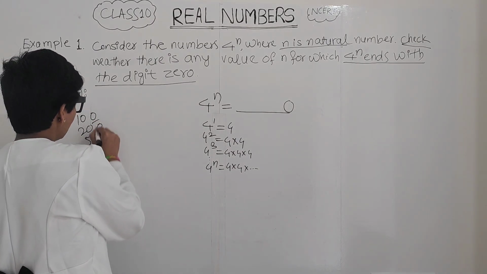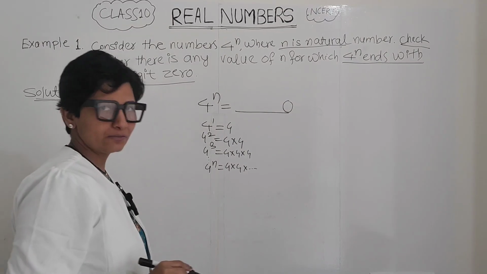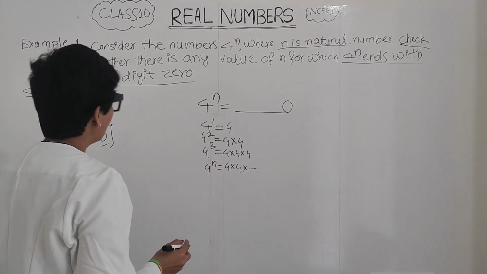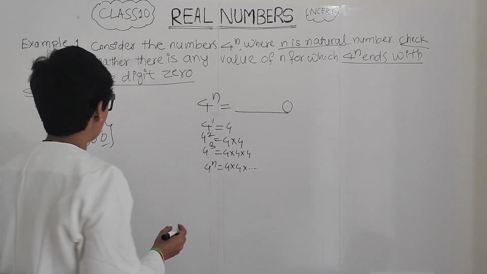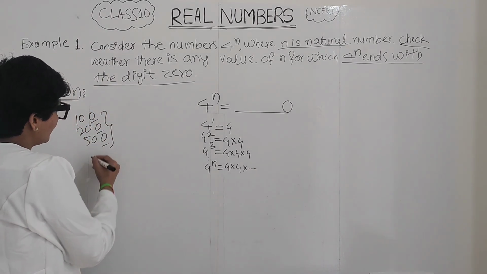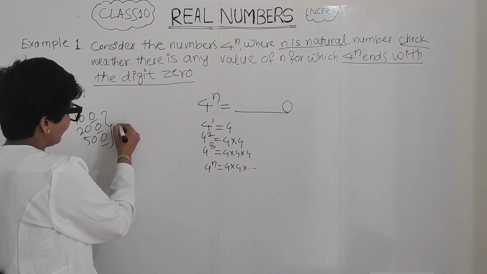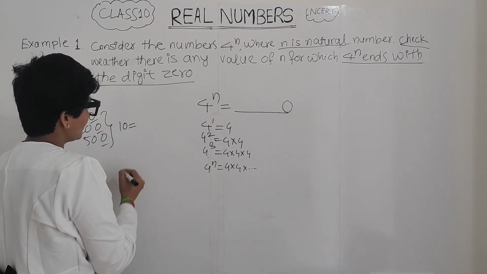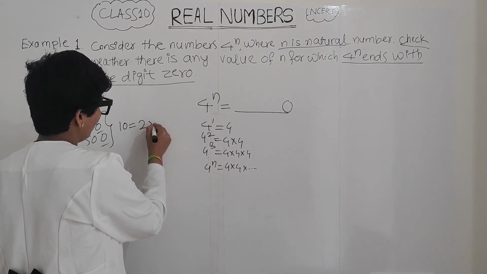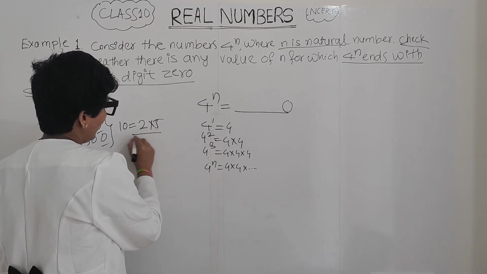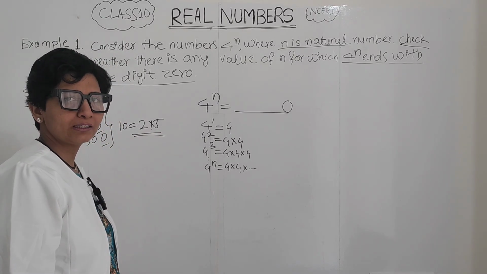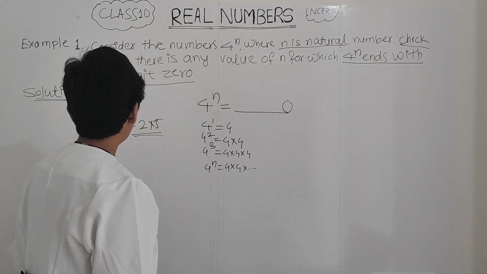All these numbers end with 0, and they are all divisible by 10. The prime factorization of 10 is 2 into 5, and this prime factorization is unique according to the fundamental theorem of arithmetic.